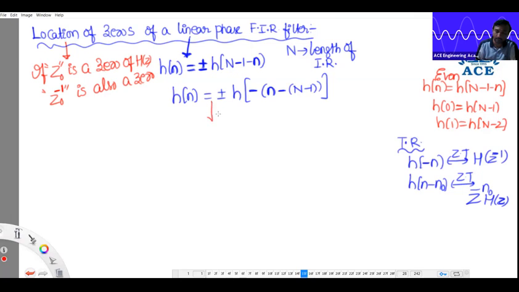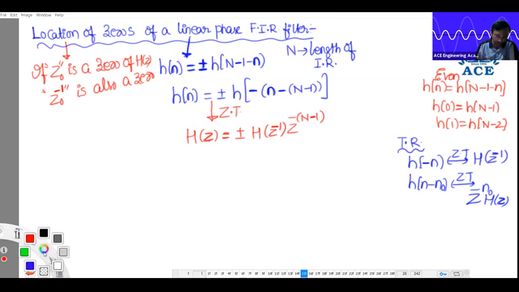If I apply the Z transform here, h of n becomes H of z, plus or minus. H of minus n becomes H of Z inverse. Shifted by N minus 1 means the extra multiplier is Z power minus of N minus 1. So on this side H of z is there, and on this side H of Z inverse is there.